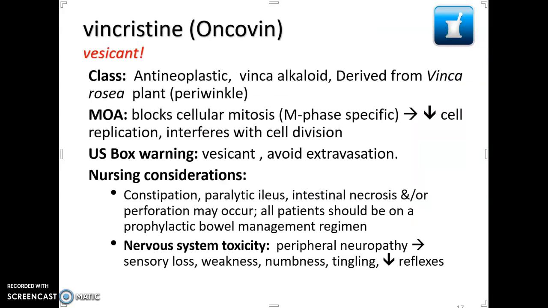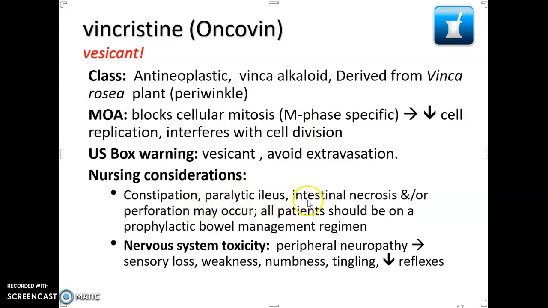Okay, vinca alkaloids, vincristine. It is also a vesicant. It's derived from the periwinkle plant. It's a vinca alkaloid, which kind of makes sense. It's vincristine, vinca. It blocks mitosis in the M phase. And we talked about this in class. It causes paralytic ileus.